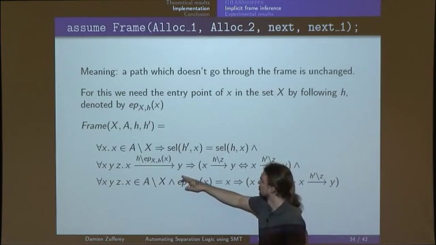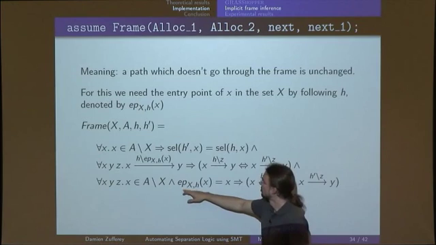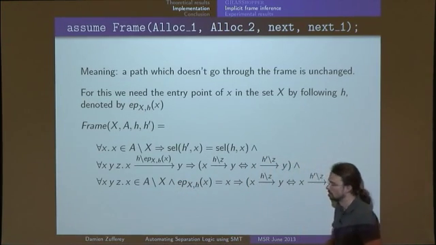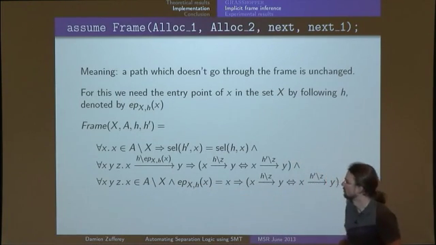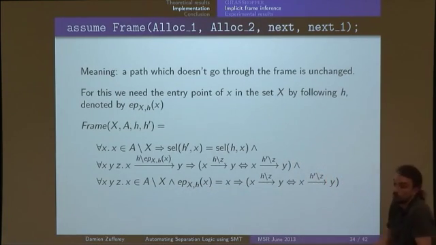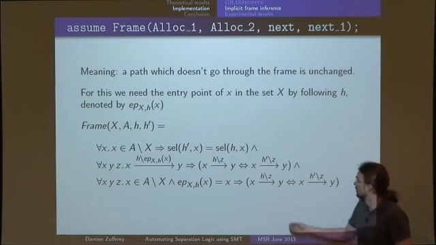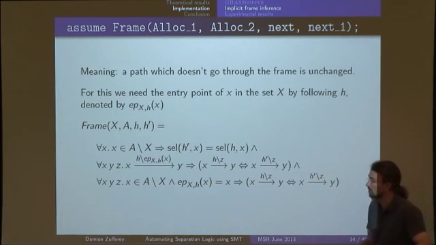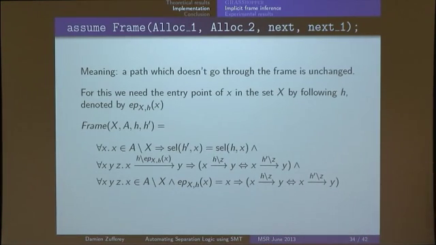and okay, then there are two cases. One is the case that there is no path from x to the big X, so EP will be the same because there is no entry point of X. Then anything that you know about reachability is not modified because you're always in the frame, so you can never go in the modified part. So reachability is preserved.